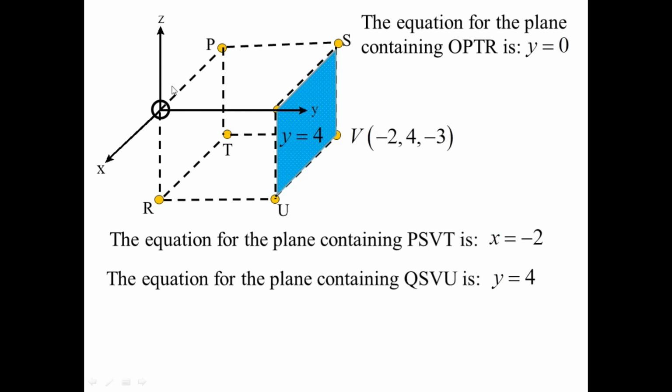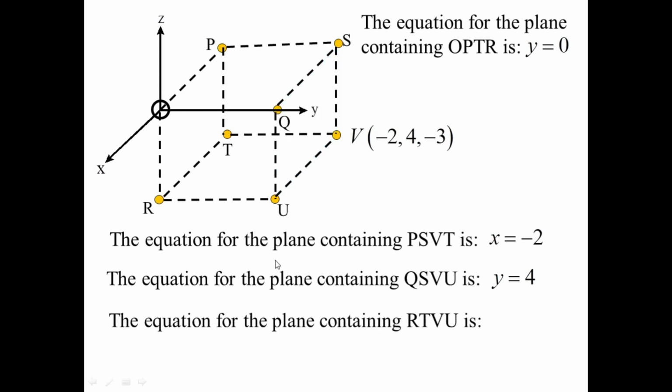Because it's parallel to this wall, which is y equals 0, but it's y equals 0 pulled over, so y equals 4. Next, the equation of the plane containing RTVU. RTVU. Okay, that plane. What's that equation? Well, it's the floor, which is z equals 0, pushed down. So z must equal -3.